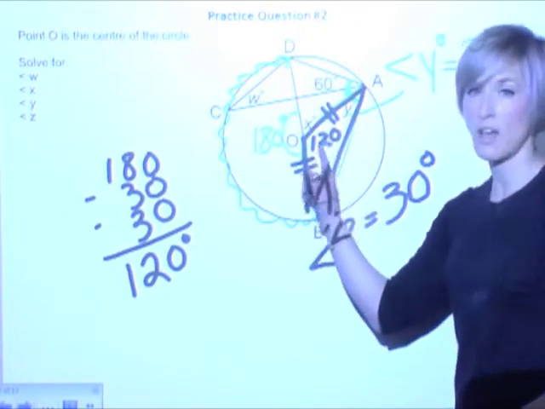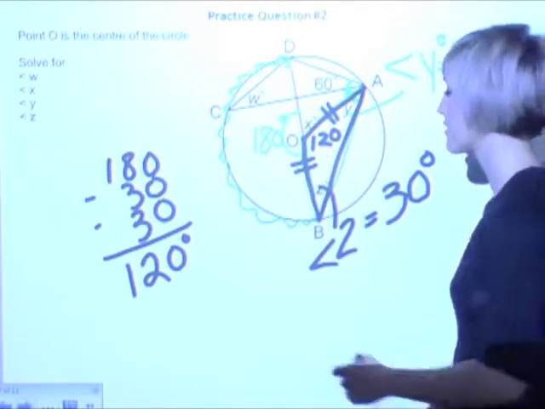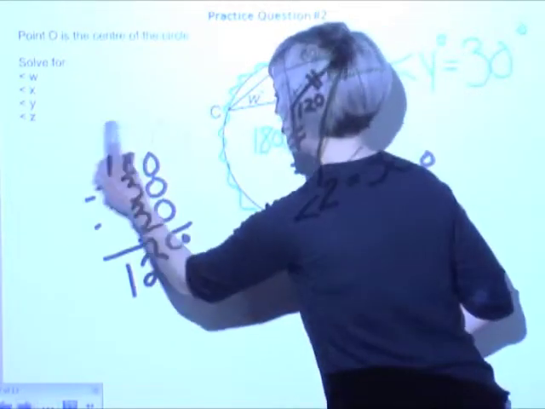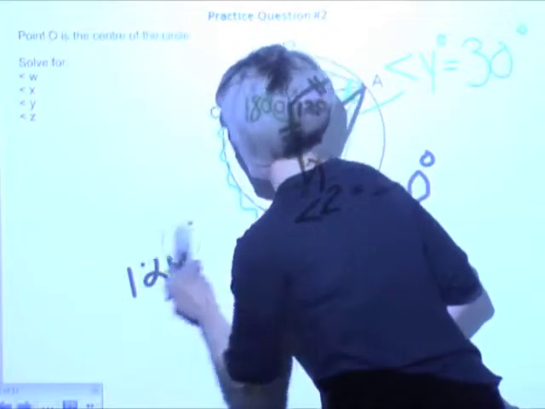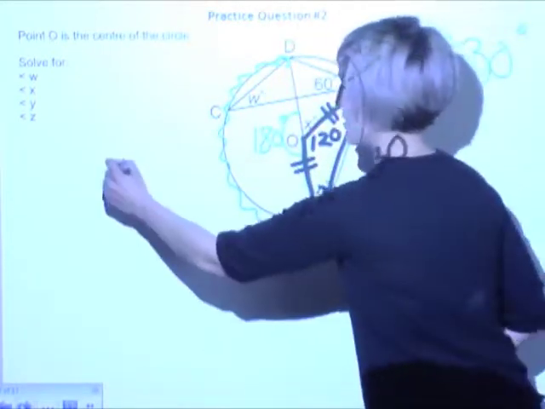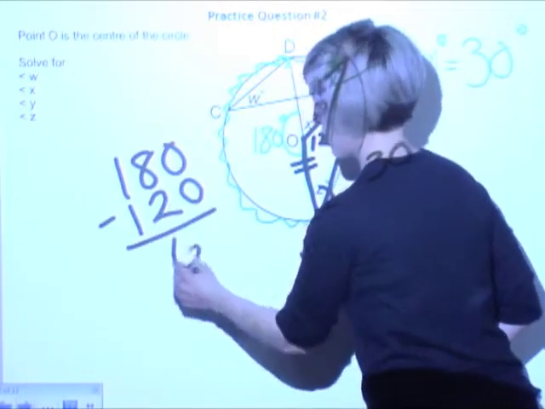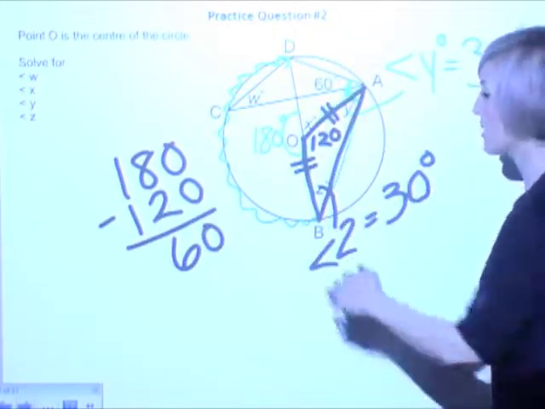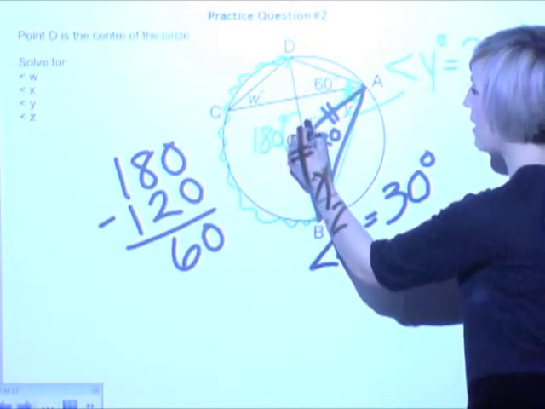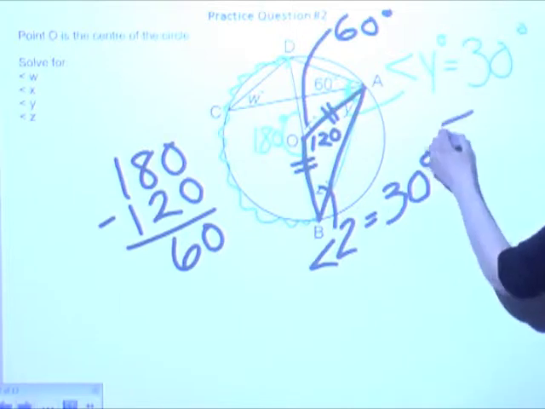I have to subtract 120 from 180 to solve for angle x. I'm hoping most of you can do that in your head. So 180 degrees, take away 120 degrees, left over is 60. So angle x is a 60-degree angle.